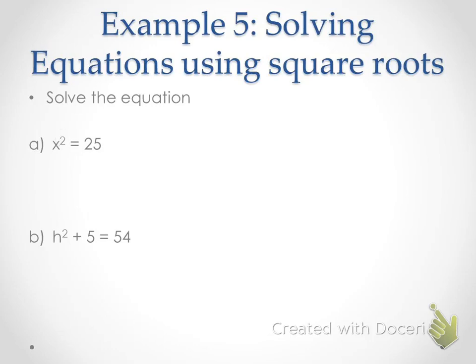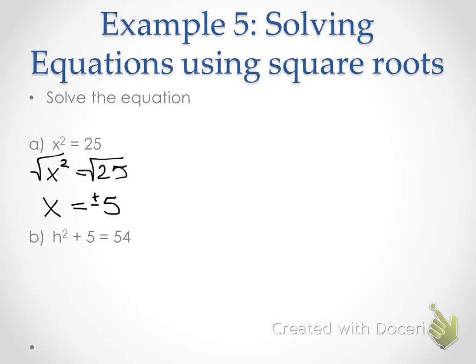So to get rid of x squared, I have to take the square root of both sides, because, remember, my rule still is the same. Whatever I do to one side, I have to do to the other. The square root of x squared is simply x. And the square root of 25 is 5. Stay with me here. The answer is going to be positive and negative 5.